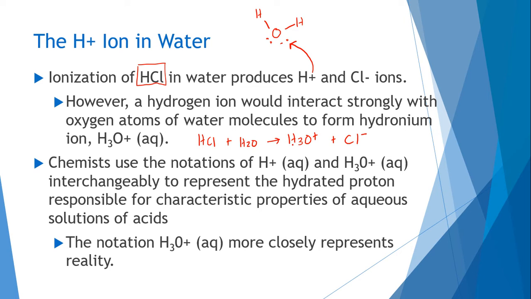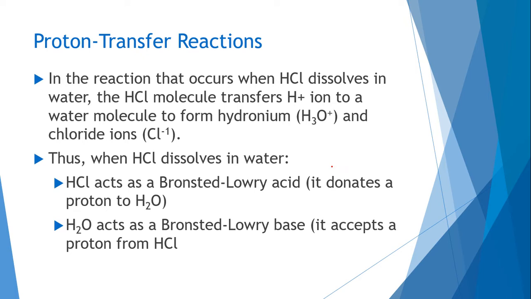It didn't increase it, but it did. H plus and H3O plus are used interchangeably to represent a proton. Now, H plus, we use that often, but H3O plus actually more closely represents reality. So sticking with that same example, let's talk about it a little bit more. Remember, our equation was as follows.